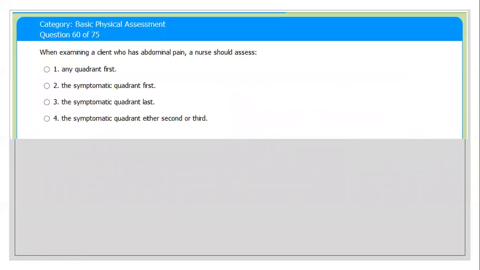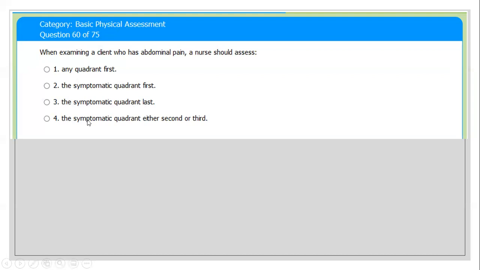What is the next question? Next question here, when examining a client who has abdominal pain, the nurse should assess any quadrant first, or symptomatic quadrant first, or symptomatic quadrant last.